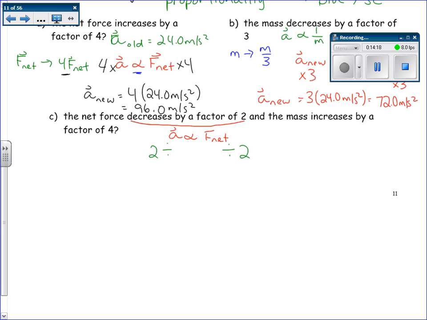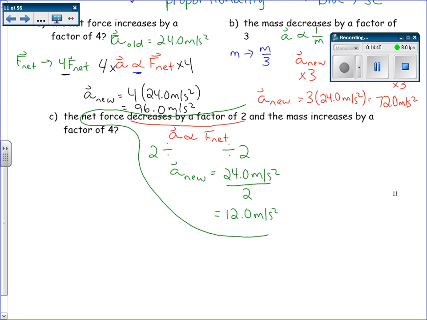So this change gives me a new acceleration of 24. I'm always going back to the original acceleration that I was given in the beginning of the problem. So 24 meters per second squared divided by 2, which will give me 12.0 meters per second squared. So that takes care of the net force changing by a factor of 2.